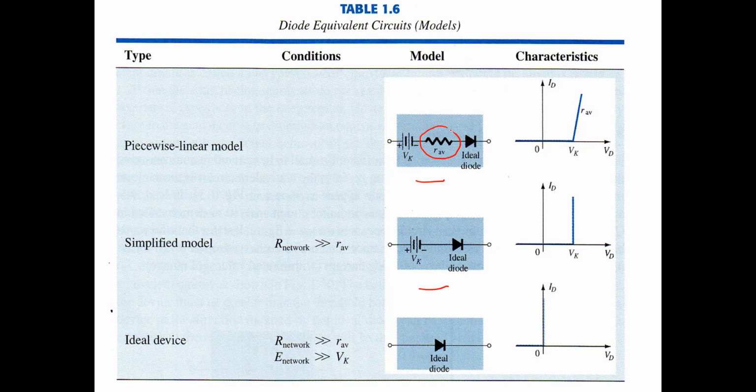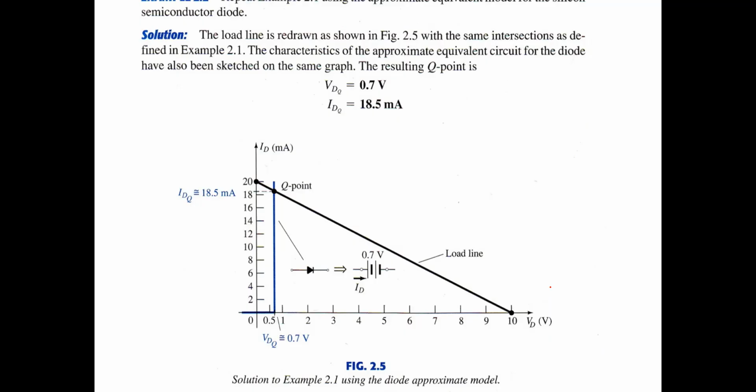And then this is the simplified model, which doesn't use the RF, and the ideal device. In the piecewise linear model, we use this one for the bending, and if the value of Vd is similar to Vk, then there is current flow. For the ideal device, the Vk is equal to 0, like this, so it is 0, and this is the ID. So this is the diode equivalent circuits.